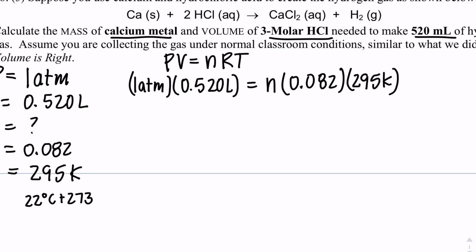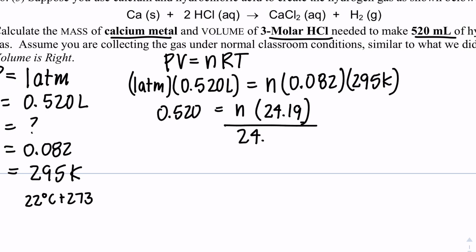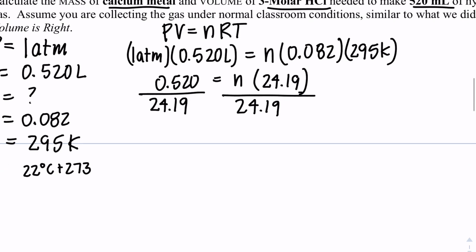So if we multiply what's on the left, we get 0.52. And we multiply the numbers on the right, so 0.082 times 295, we get 24.19. We'll divide by 24.19 on each side, and we'll get n equals 0.0215 moles of H2.